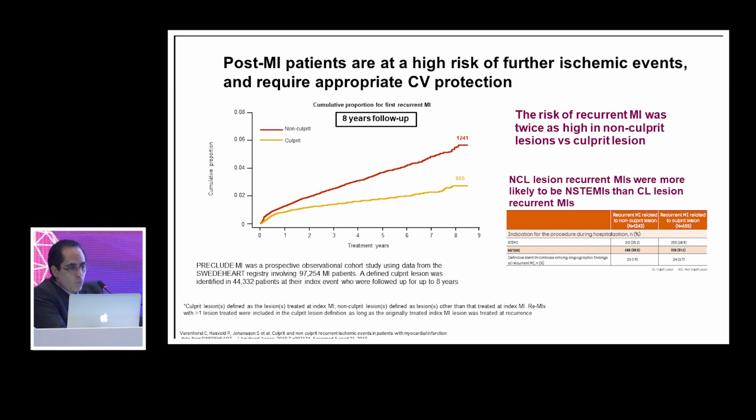If you see the red one, it is the non-culprit one, and the yellow one is the culprit vessel. You see that recurrent myocardial infarctions were more likely to arise from non-culprit lesions in non-ST elevation myocardial infarction patients than from culprit lesions.